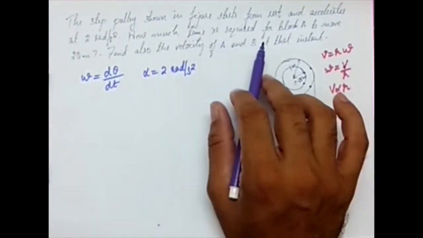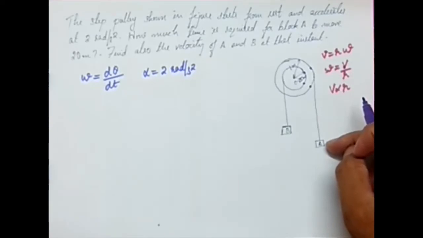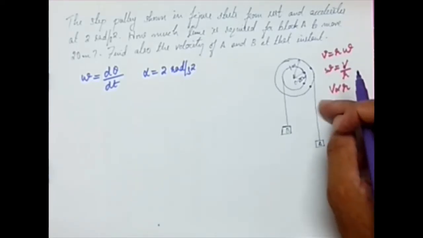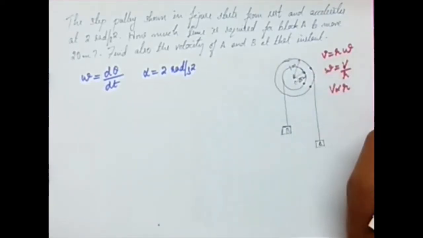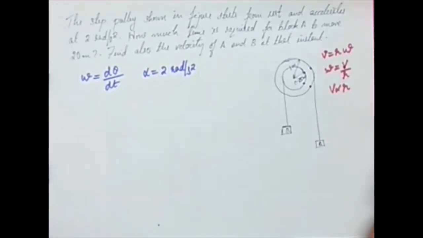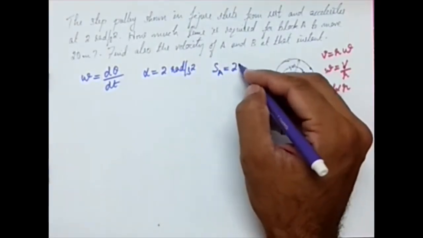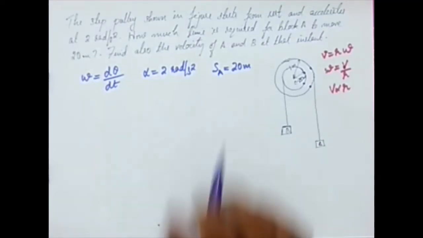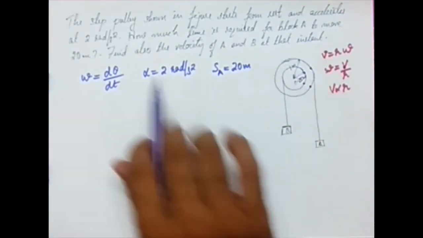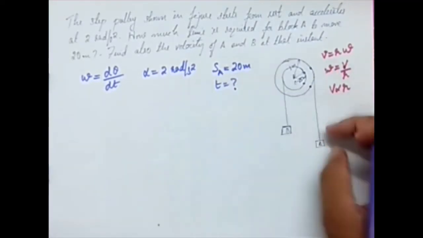How much time is required for block A to move 20 meter? We want this block A to move 20 meter. It is not said whether it is moving upward or downward, so it can be either. Whatever it is, we want block A to have a linear displacement of 20 meter, and we are asked to calculate the time required for this.